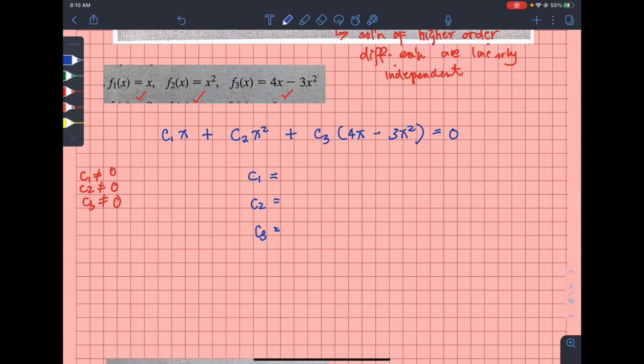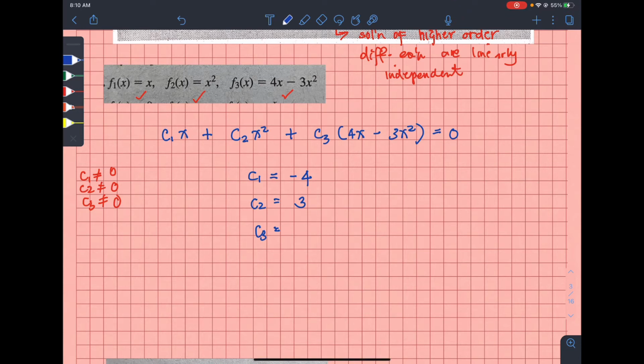So I could think that C1 should be negative 4. And then for C2, which goes with x squared, since C3 is multiplied with a negative 3x squared, I could think that C2 would be 3.